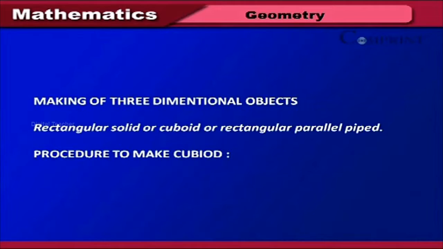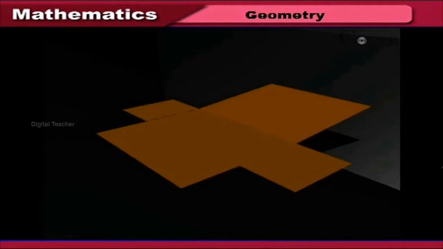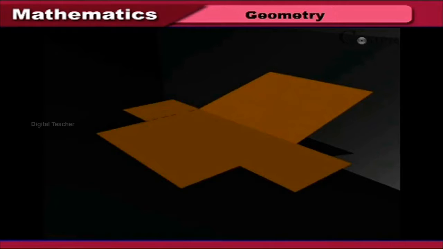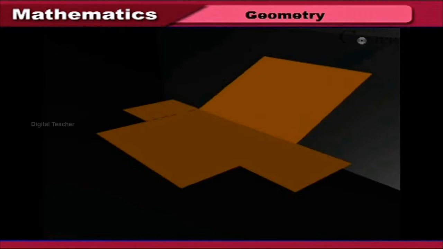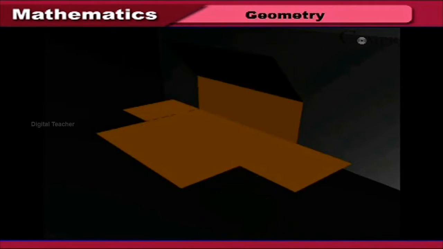Rectangular solid or cuboid or rectangular parallelepiped. Procedure to make a cuboid. 1. Take a cardboard and cut it as shown in the figure with the measures EF bar is equal to HG bar is equal to DC bar is equal to AB bar is equal to length.